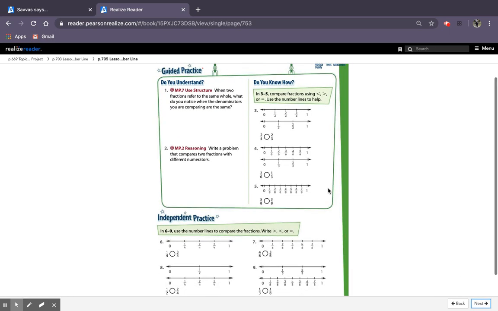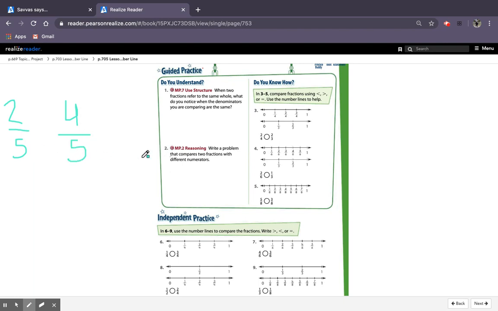So for number 1, for the do you understand, it says when two fractions refer to the same whole, what do you notice when the denominators you are comparing are the same? So like if you're comparing 2/5 and 4/5.